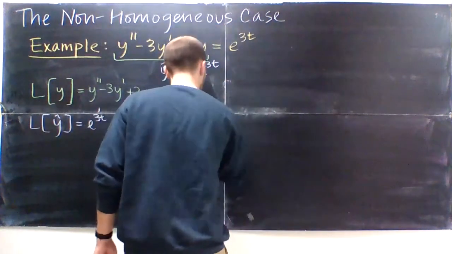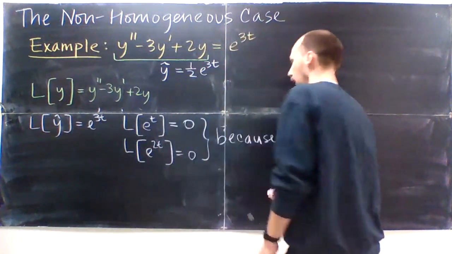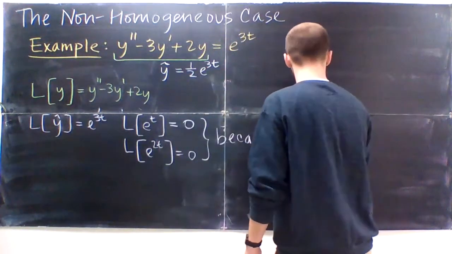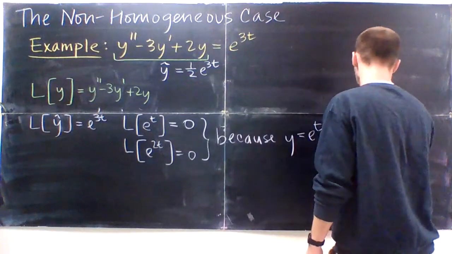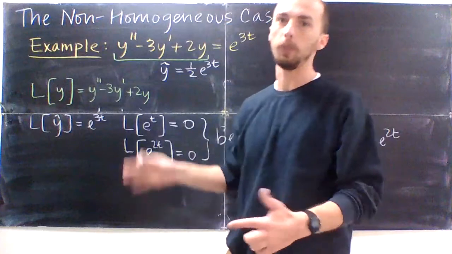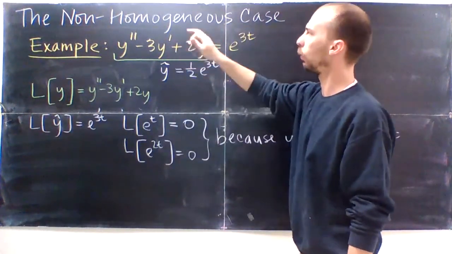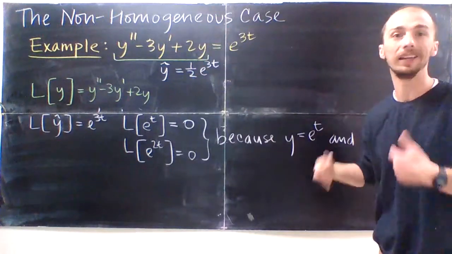And this is because y equals e to the t and y equals e to the 2t are solutions to the homogeneous equation, right? So the homogeneous equation y double prime minus 3y prime plus 2y equals 0.